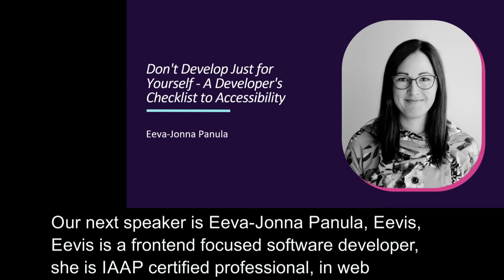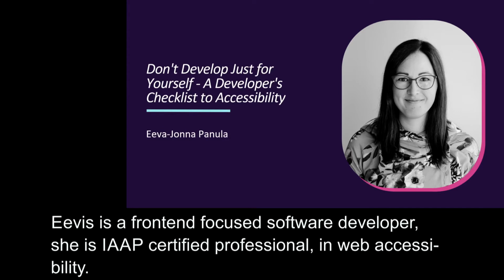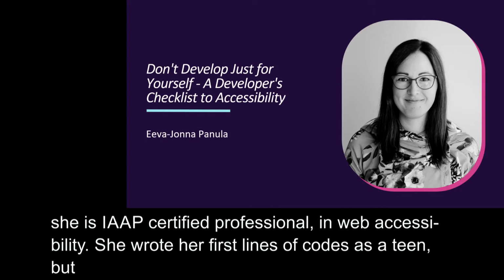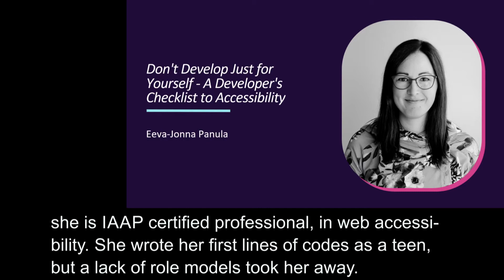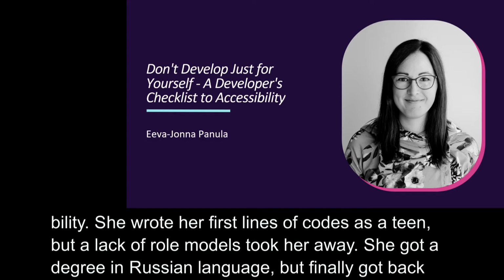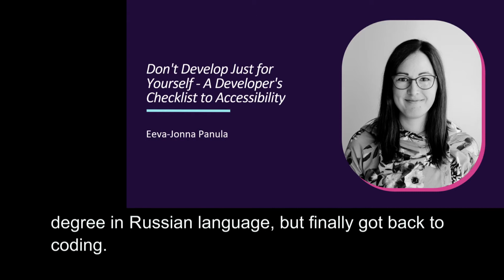She wrote her first lines of code when she was a teenager, but the lack of role models got her away from programming. She got a degree in the Russian language, but finally got back to coding and became a software developer instead of a translator. When she's not coding or talking about coding, she spends her time playing Ultimate Frisbee or exploring the world with the kayak.